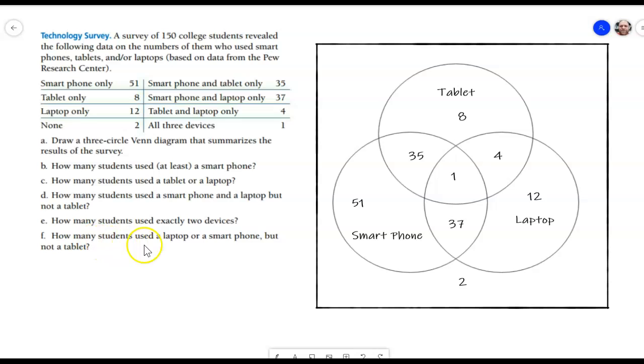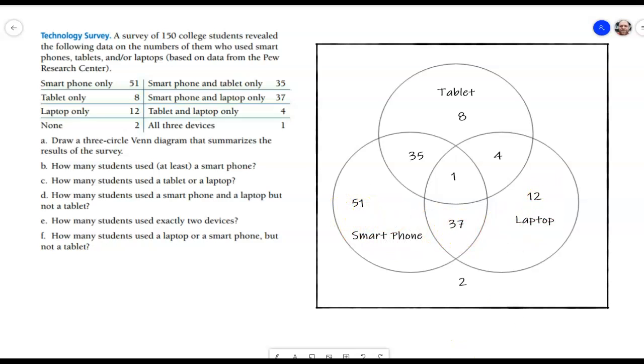And then how many students used a laptop or a smartphone, but not a tablet? So a laptop or a smartphone. So it's all of these numbers, a laptop or a smartphone, but not a tablet. So we're not going to include any of those numbers, right? So it's going to be this one, and this one, just those 3 numbers right here.